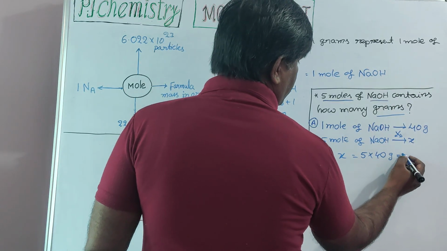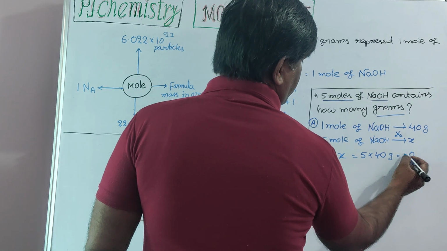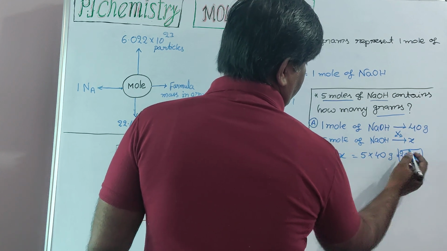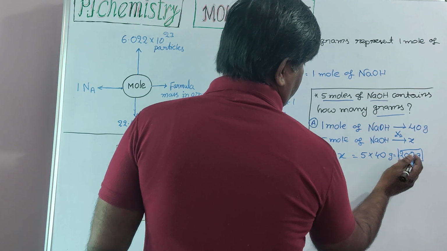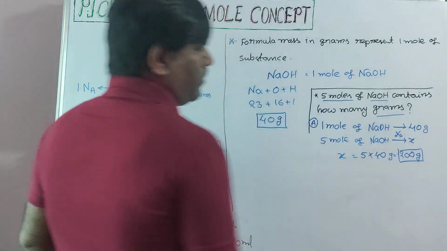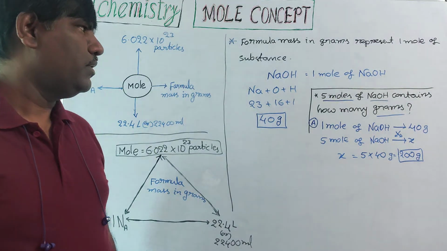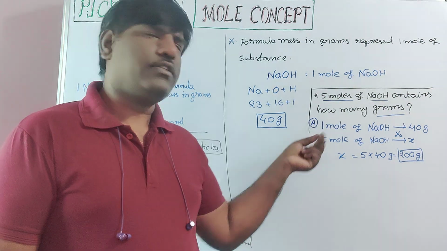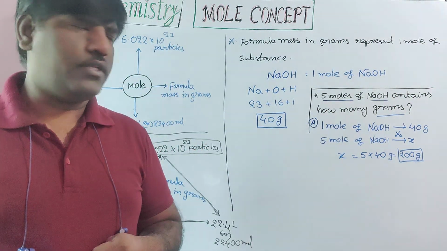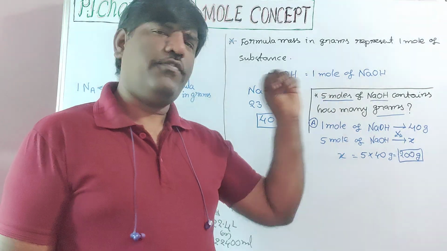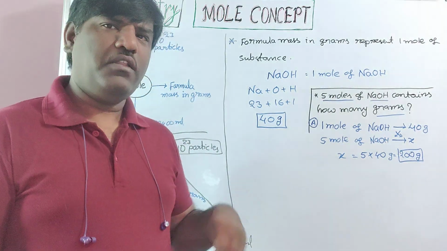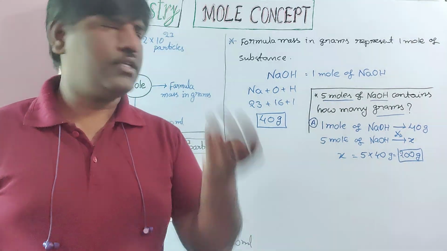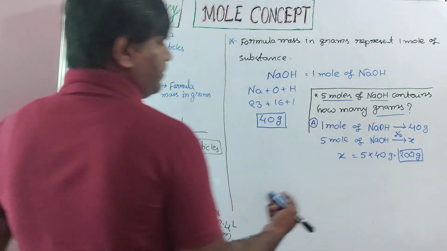So how much will you get? 200 grams. I hope you understood. For example, instead of 5, if they asked 10 moles of NaOH, then 10 into 40. Or 30 moles, 40 moles; we know 1 mole, so we just multiply.